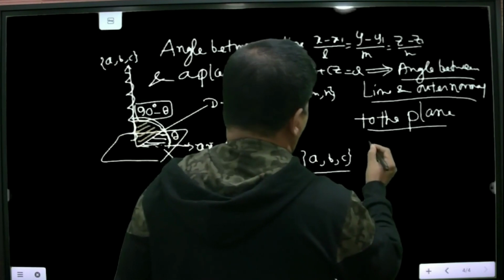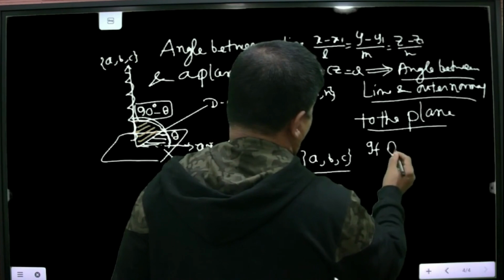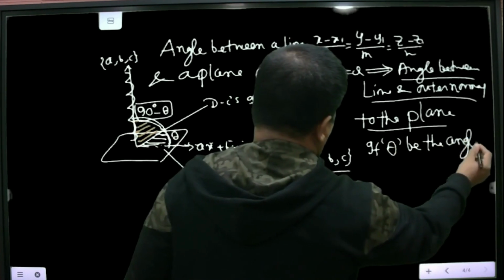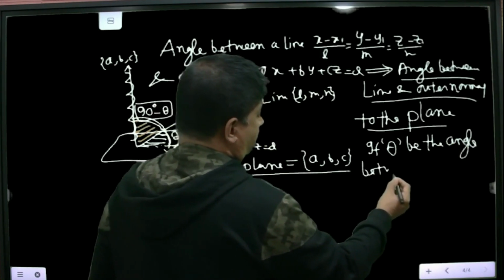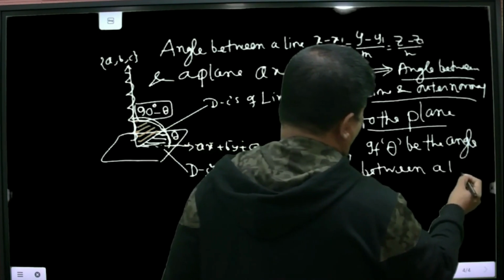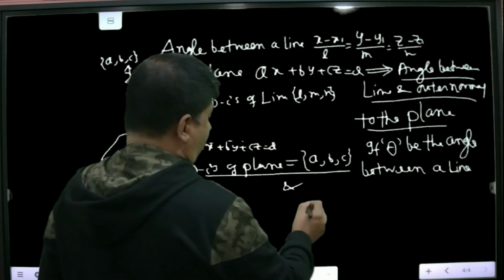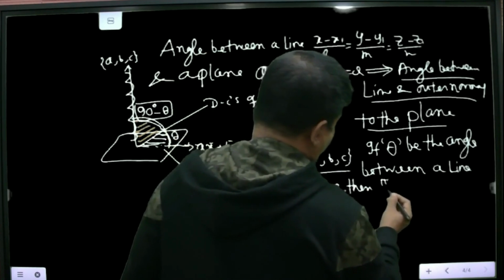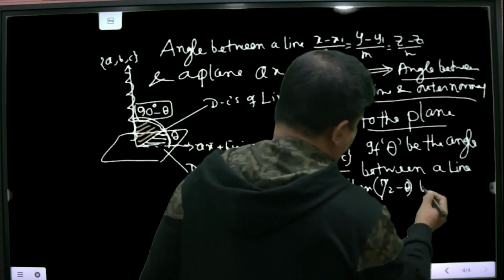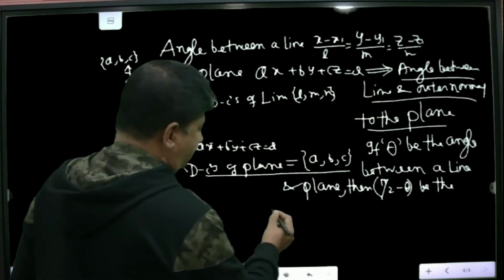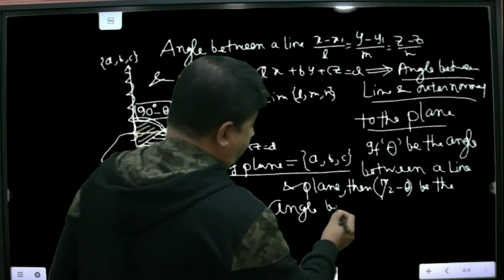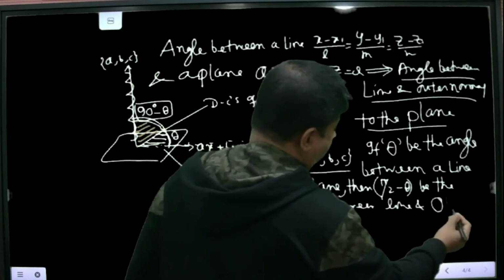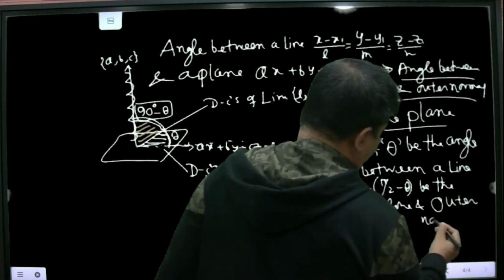So, if theta be the angle between a line and plane, then pi by 2 minus theta be the angle between line and outer normal to the plane.